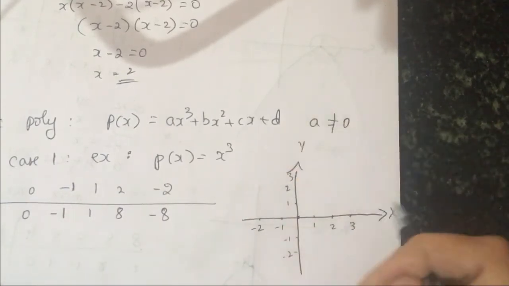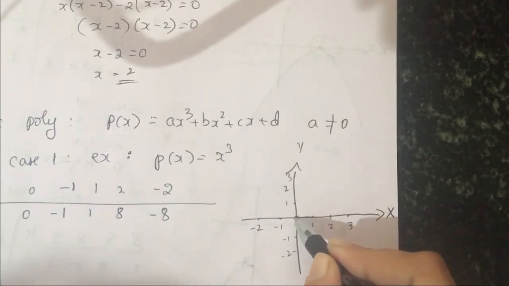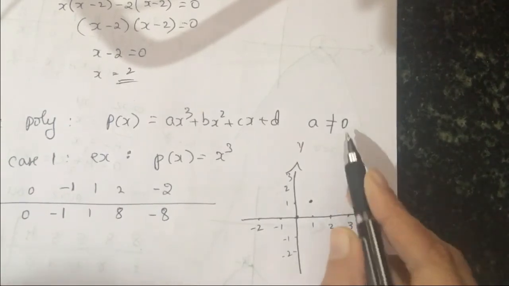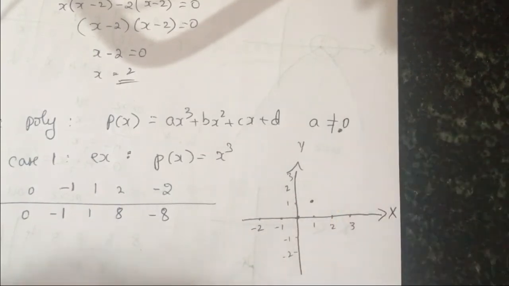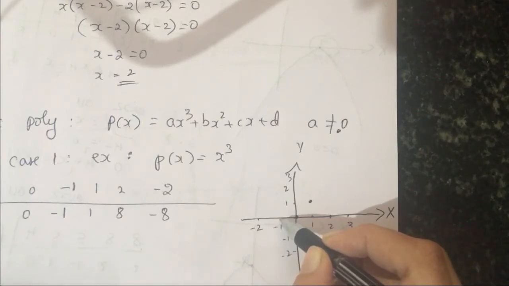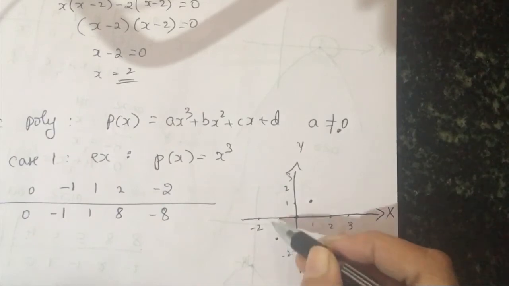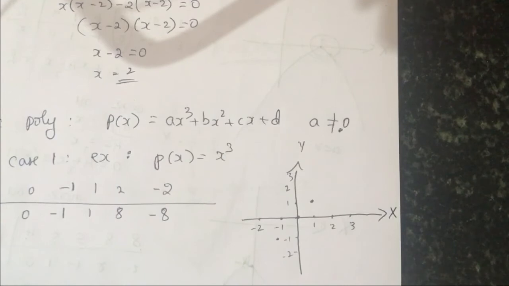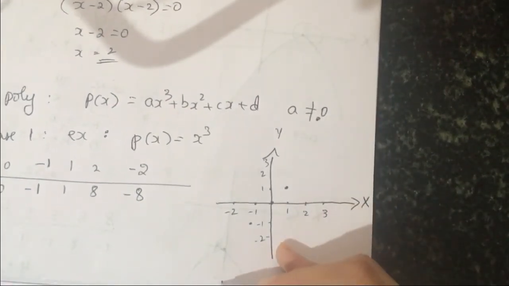You draw, then you'll understand better. x is 0, y is 0, x is 1, y is 1. When x is 2, y is 8, say somewhere here, I'll point out. When x is minus 1, it is minus 1, here. When x is minus 2, it is minus 8, say somewhere here. So when I join the points, it comes out to be something like this.